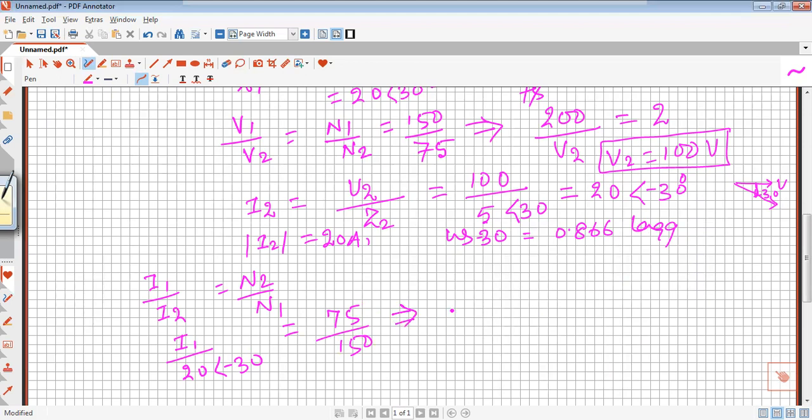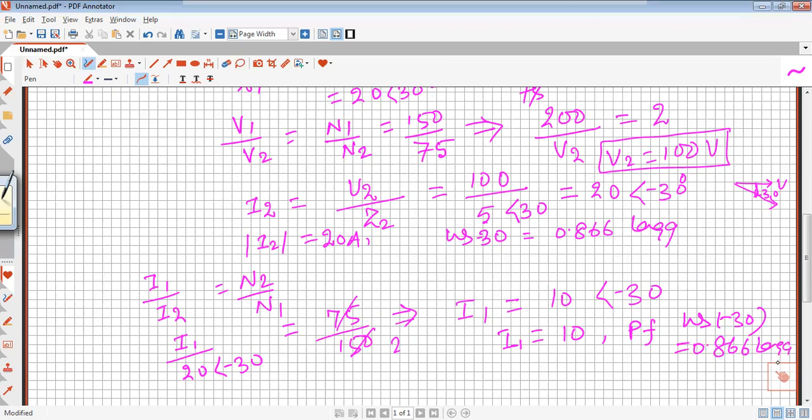So from this relation, we can calculate I1 as 10 angle minus 30 degrees. Or we can say the magnitude is 10 and the power factor will be the same, cos minus 30, which is equal to 0.866 lagging.